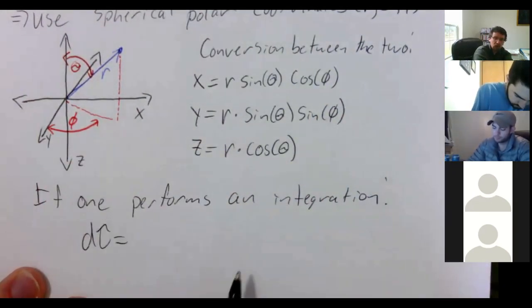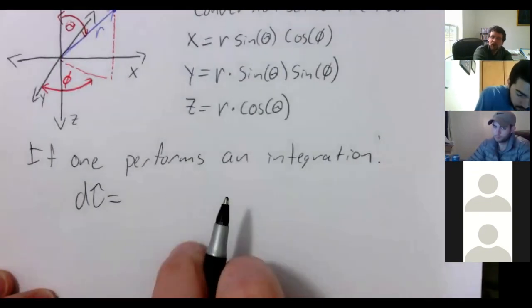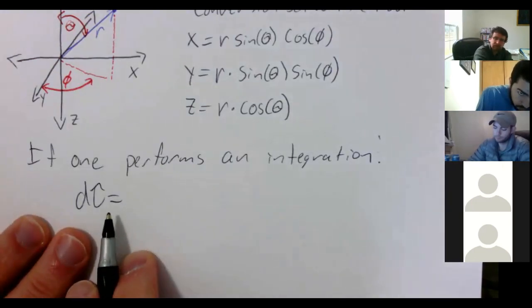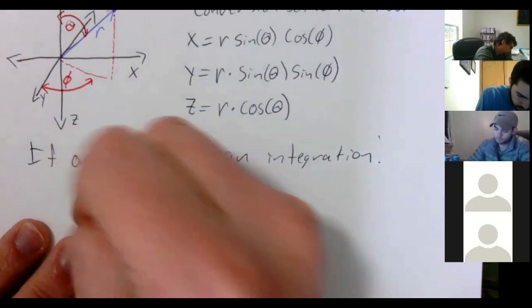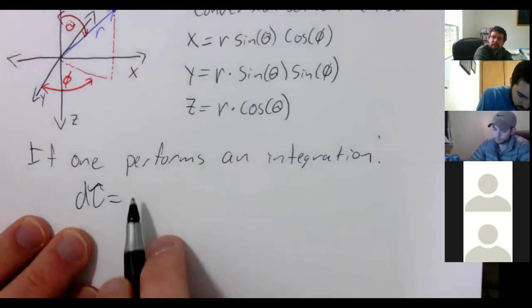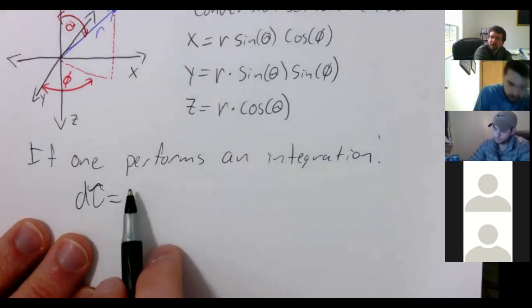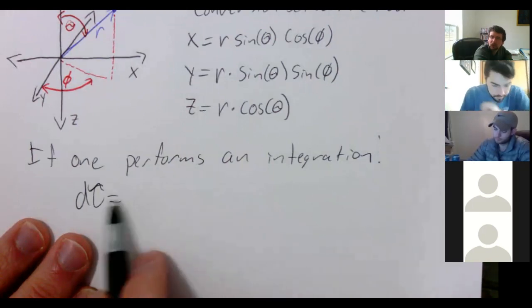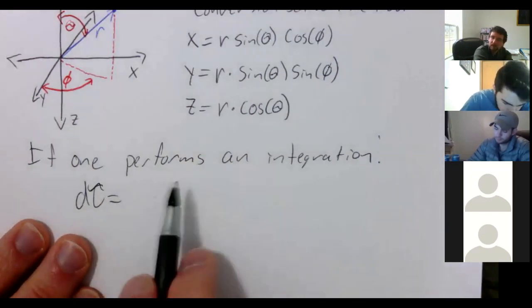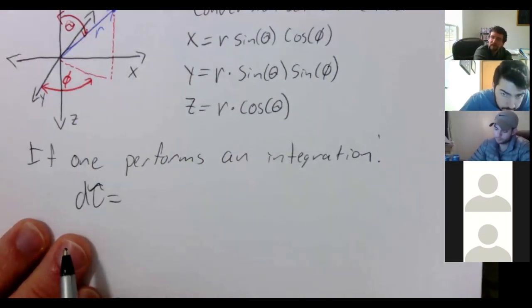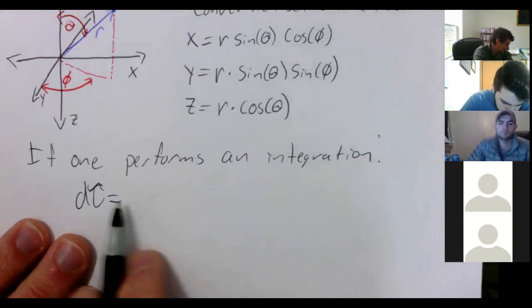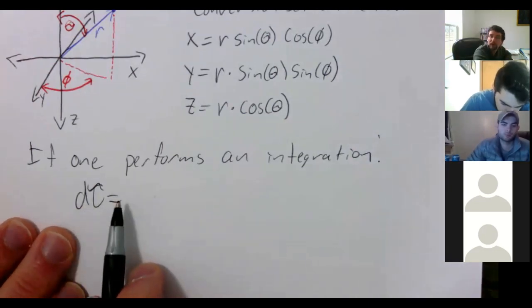d tau, what was it traditionally? Let's say we were looking across 3 dimensions. So what did we do for a particle in a 3D box?